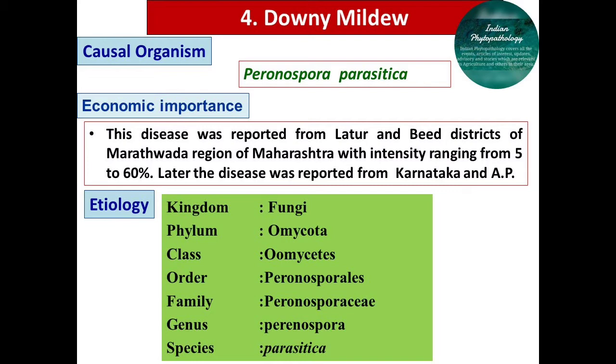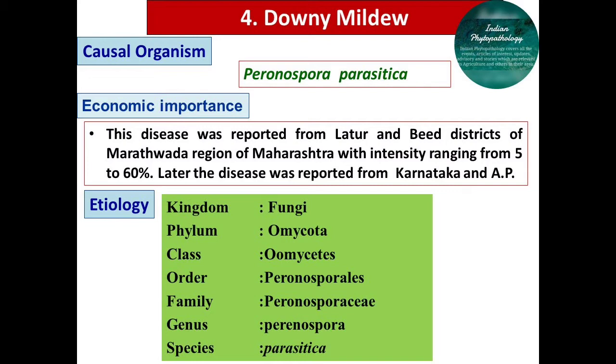These are some particular marks of identification of this downy mildew pathogen. Hypophyllous downy growth of the fungus develops on the underside of leaves, so that's why it is called hypophyllous downy growth. Flower heads of affected plants remain sterile.